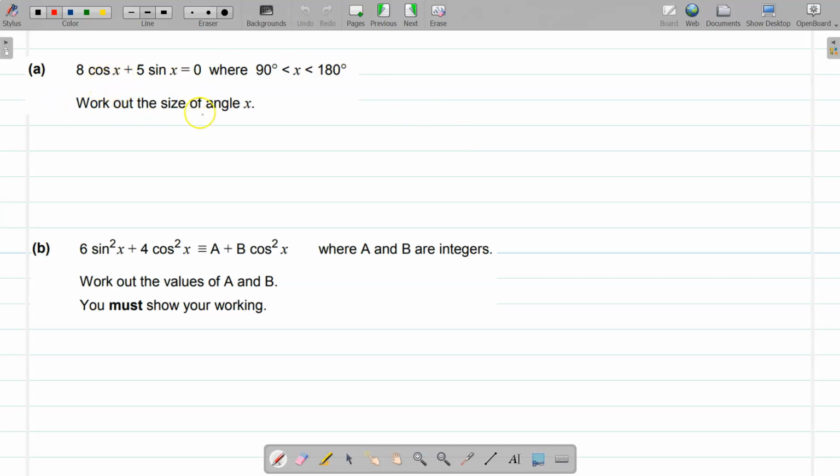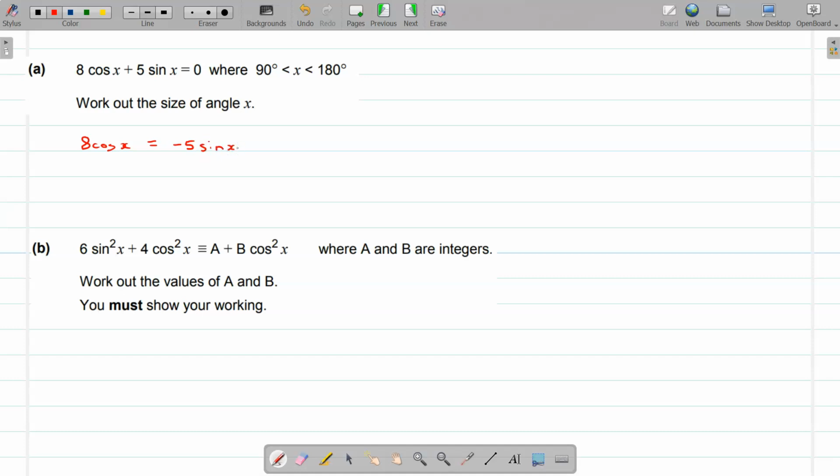Well, the first thing to notice is that you can write that as 8 cos x equals negative 5 sine x.